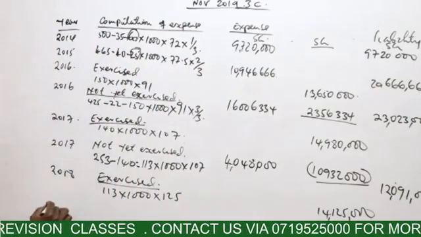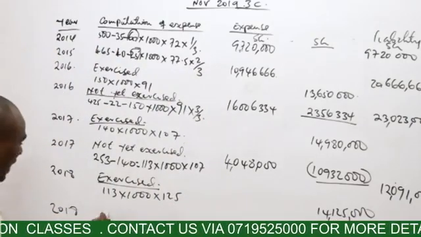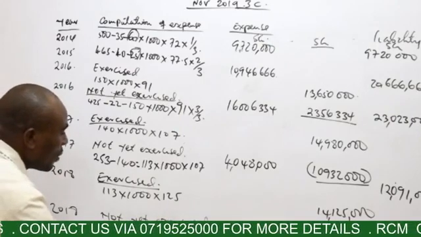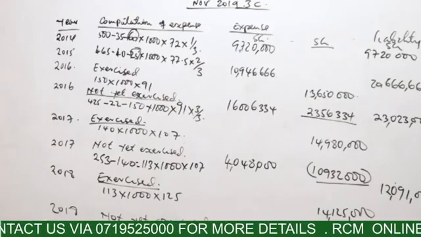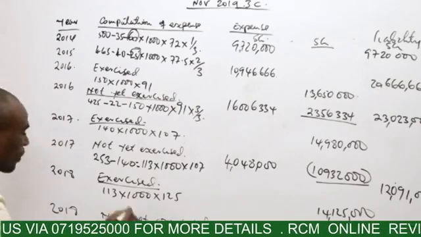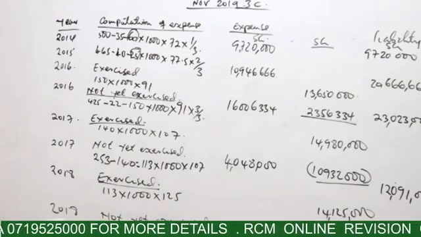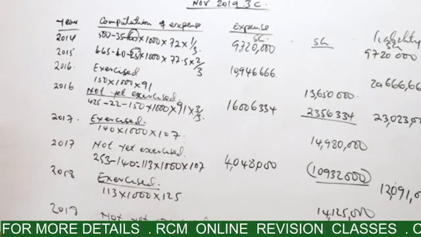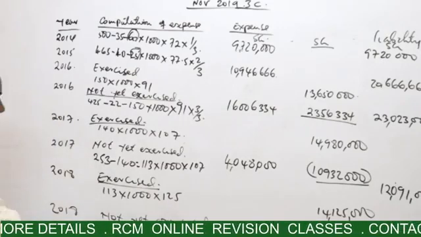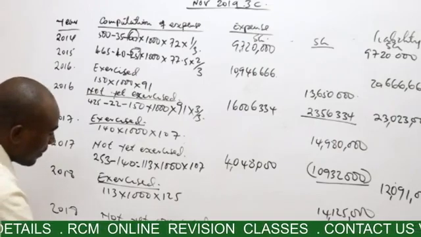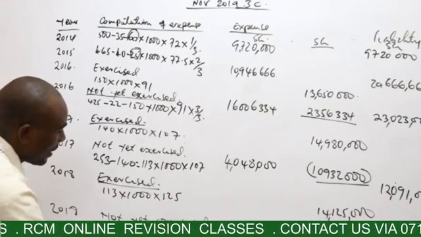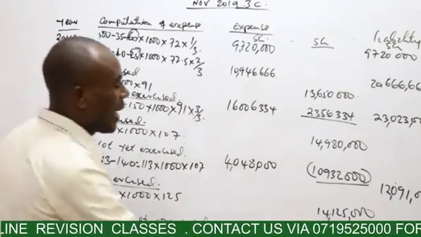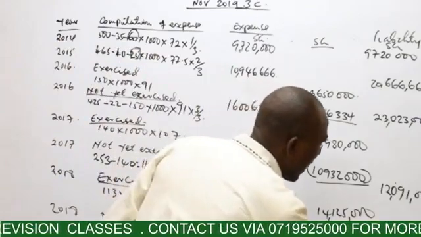Then in the same 2018, not yet exercised, for us to complete the transaction, it is 0 because all employees have exercised in 2018. Therefore, not yet exercised is 0 times 1,000 times the fair value, which means here I have 0.